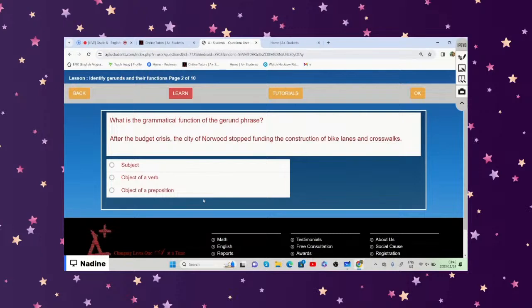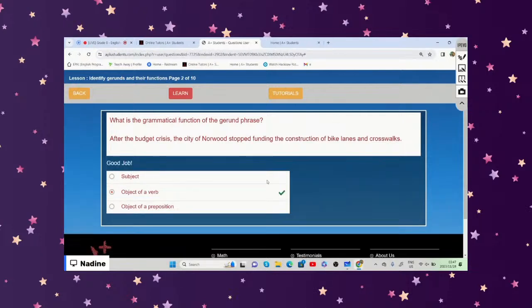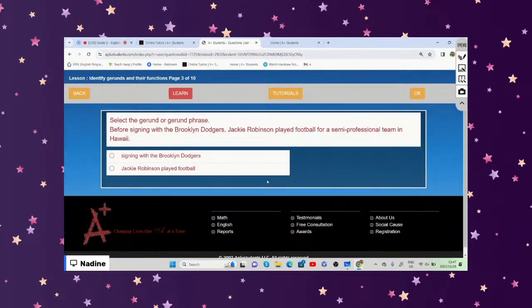So if we look at our word stopped, which is a verb, then we can say that funding, which is our gerund, is the object of a verb. And that is correct. Well done.